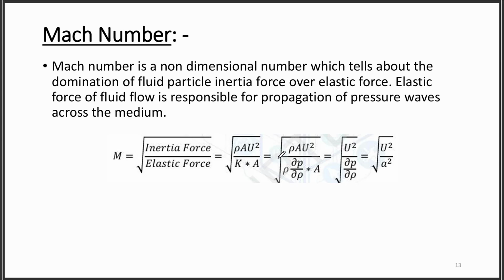Inertial force is given by rho A u square. Rho A u square is nothing but dP by dt.